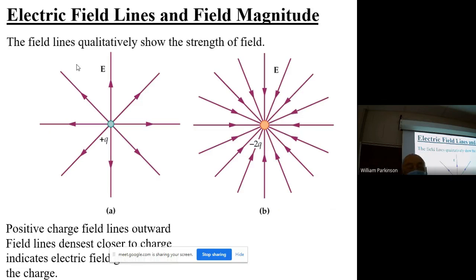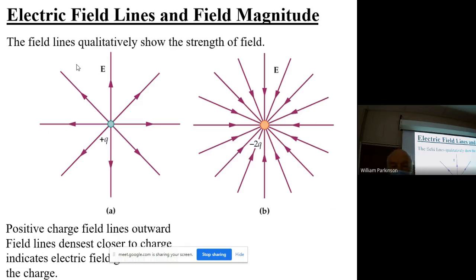Now, what this is trying to indicate is there's double the field magnitude, because instead of Q causing the field on the right, 2Q is causing the field on the right. Of course, the other thing to note is that the lines are moving in instead of out.